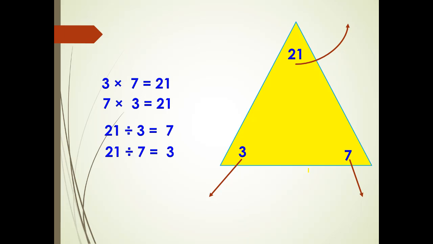The last exercise here, if I ask you, my students, number 3 times 7 equals 21. I said before, this 21 we call the product, and 3 and 7 we call the factors. So 3 times 7 equals 21.